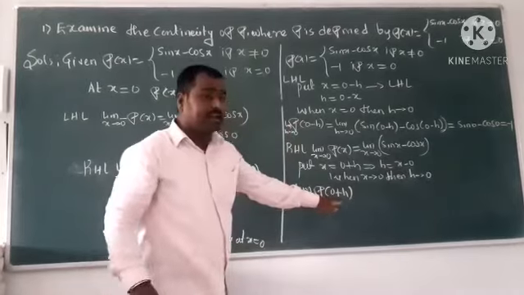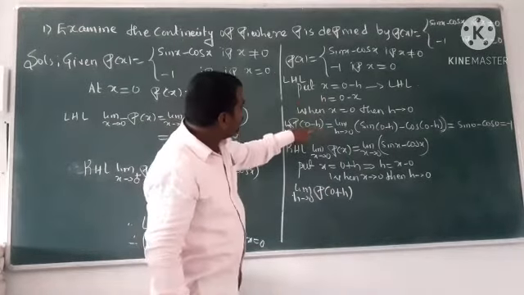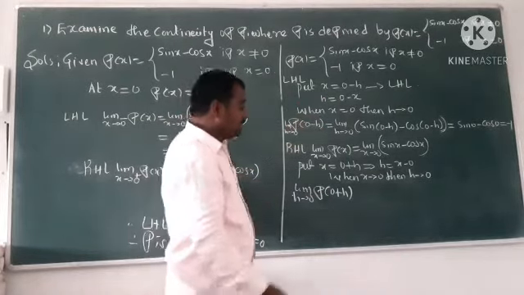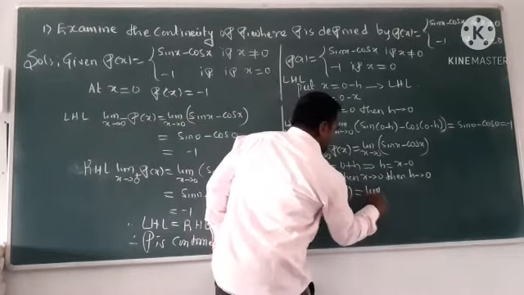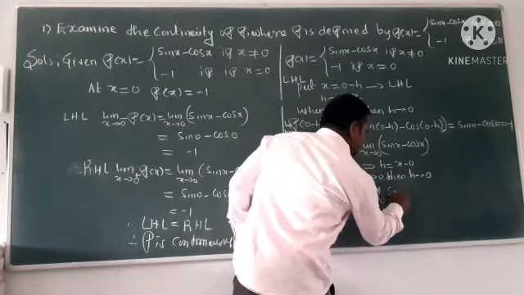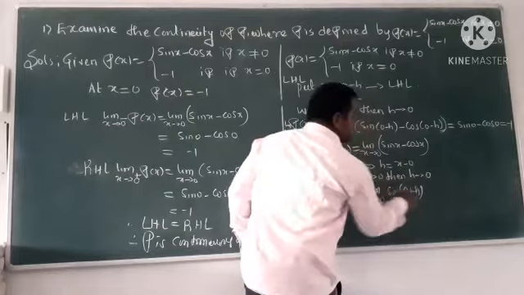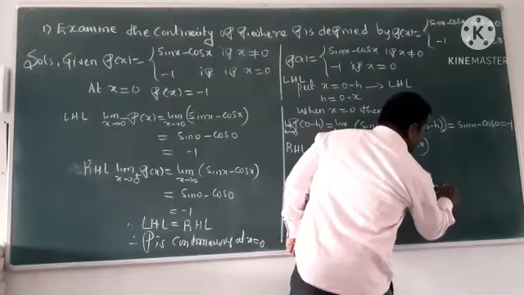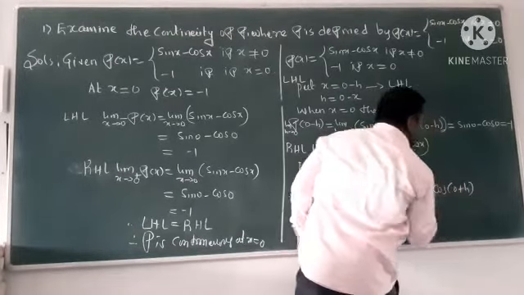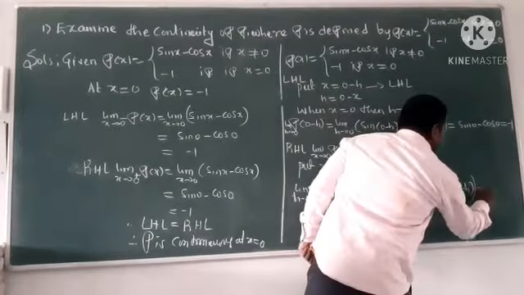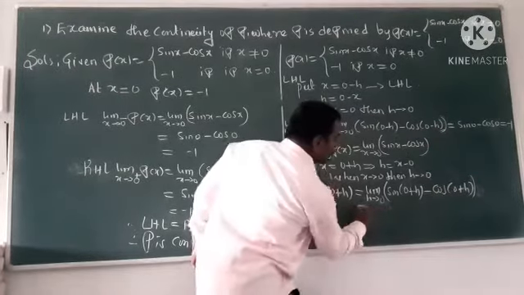It means right hand side; here 0 minus h is the left hand side. Mention this. Limit h tends to 0 of sin of 0 plus h minus cos of 0 plus h. Apply the limit. So what is the value?